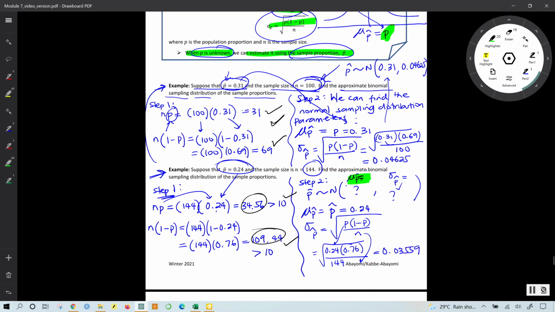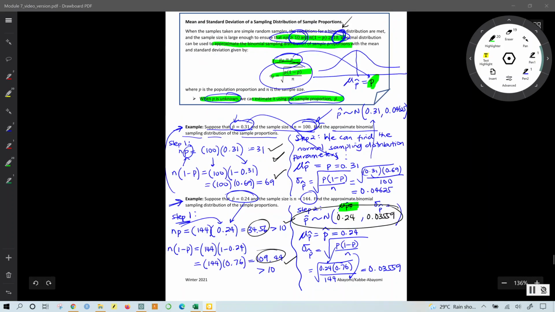Now that we have the mean and the standard error, we can correctly conclude that the mean is 0.24 and the standard error is 0.03559. This is the sampling distribution of the sample proportion for the second example.